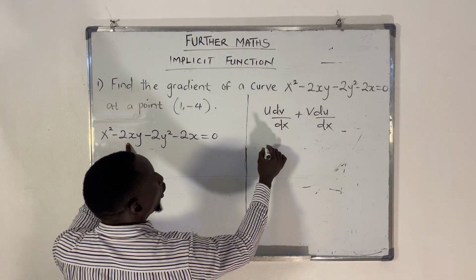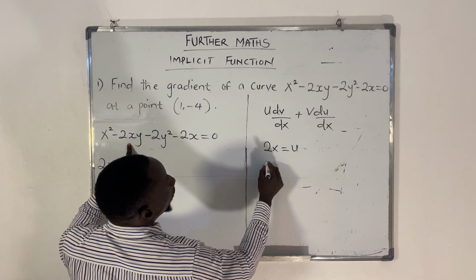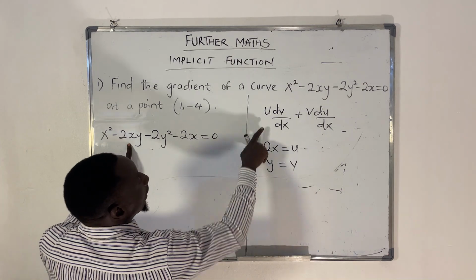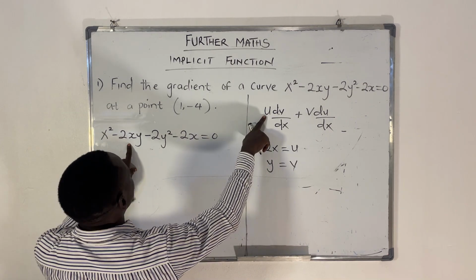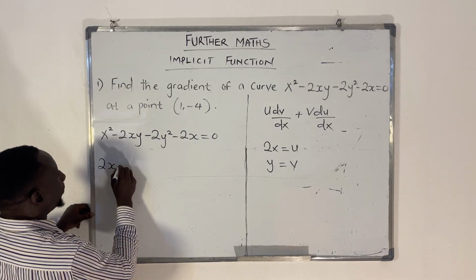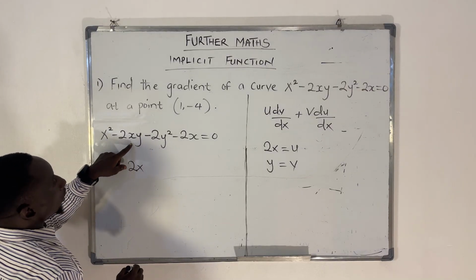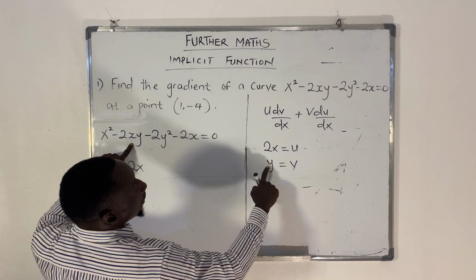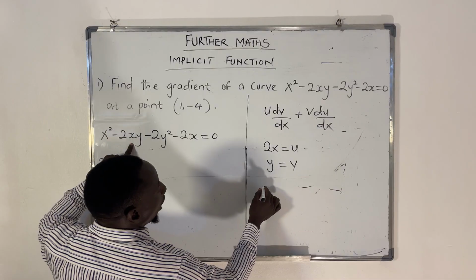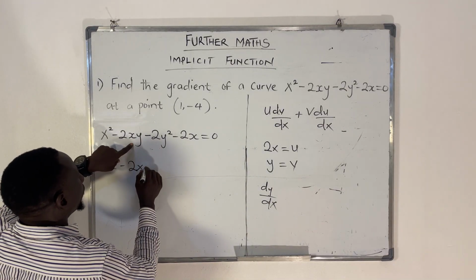You can take 2x as u and y as v. We keep u constant, so we keep 2x constant, so we have minus 2x. Then for dv, we differentiate y, and when you differentiate y, you have dy/dx.